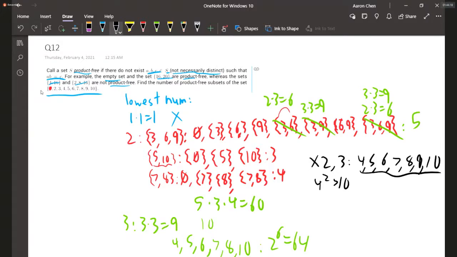And so there's a total of 7 numbers included here. So this case has 2 to the 7, which is equal to 128 possibilities. And so the final answer is the sum 60 plus 64 plus 128, or 252.